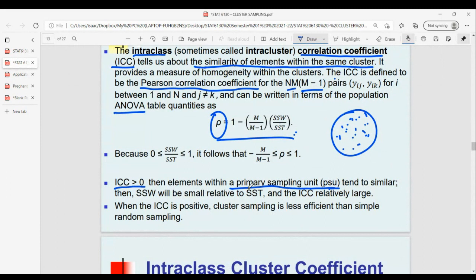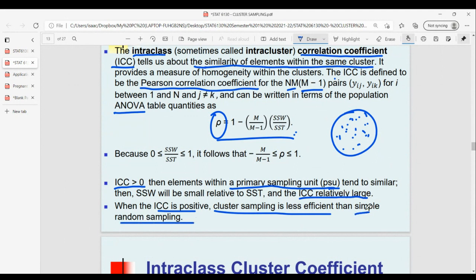So it tells us that the elements within a primary sampling unit, PSU, tend to be similar. Then SSW will be small relative to SST, and the ICC will be relatively large. When the ICC is positive, cluster sampling is less efficient than simple random sampling, right?